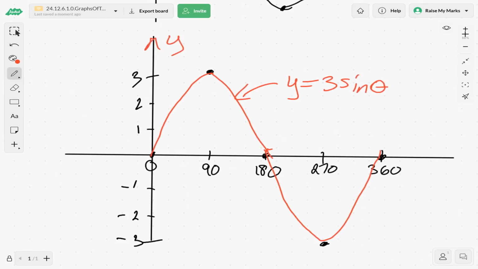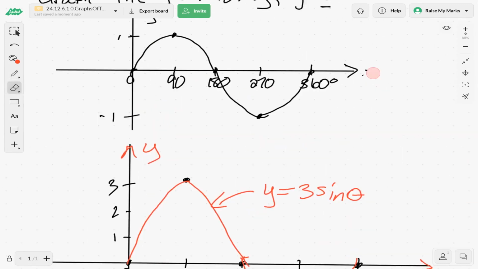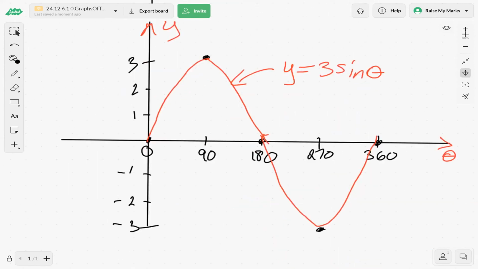Let's put our axes in there. I think I might have labeled the one above incorrectly. Let's change that. All right, and this is our parent function, or just basic sine theta function. And our red curve is stretching our sine function vertically by a factor of 3.